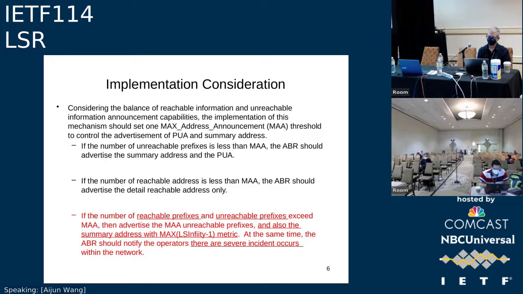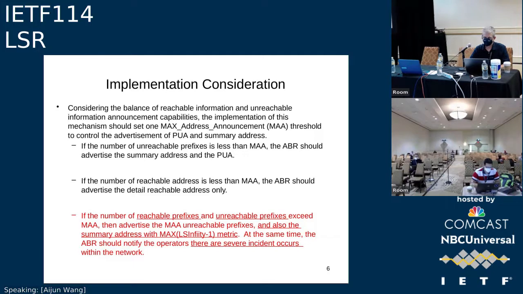We also made some updates for the implementation considerations. As I mentioned previously, we must control the advertisement of such messages within the area. So we define the max address announcement threshold, MAA, to control the advertisement of the PUA and the summary address. If the number of unreachable prefixes is less than the MAA, then the ABR should advertise the summary address and the PUA.